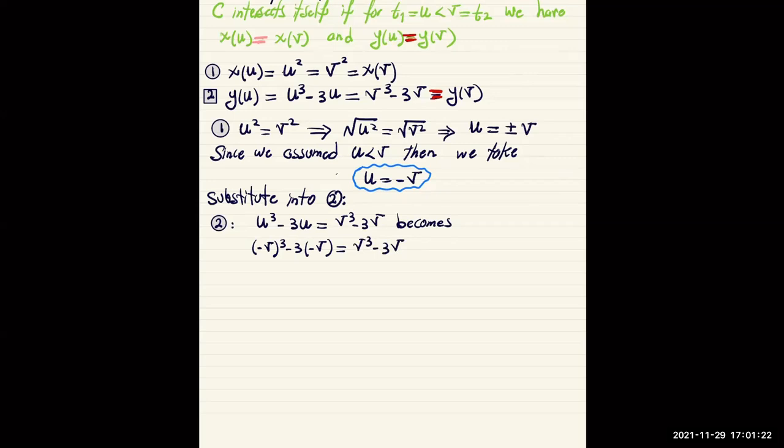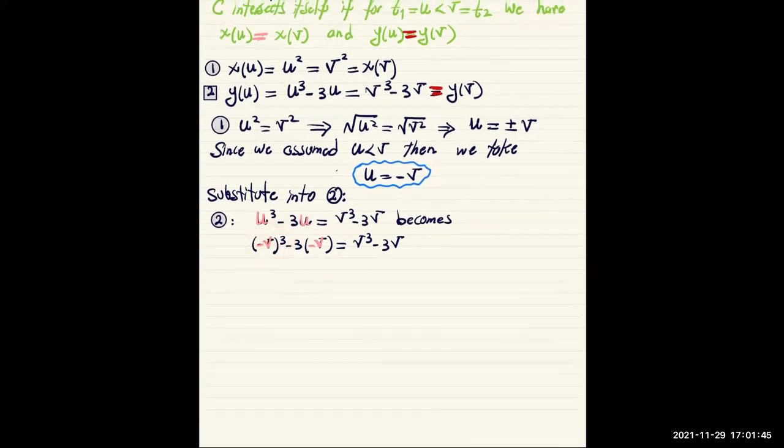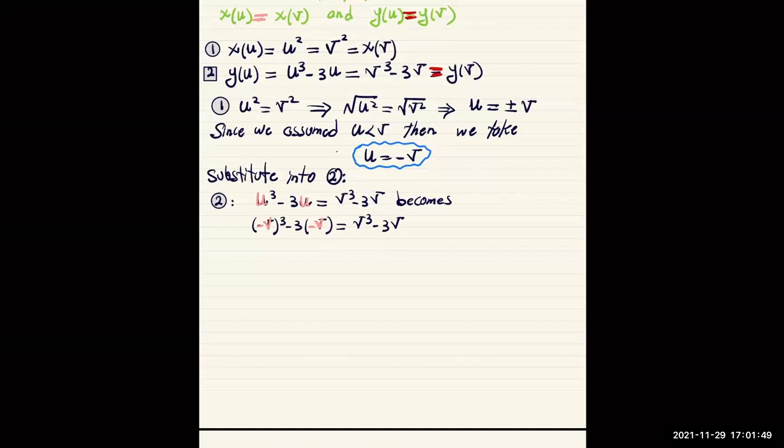Replace u with negative v. Okay, and there you have one equation, and the only unknown here is v, so you can easily solve this equation.